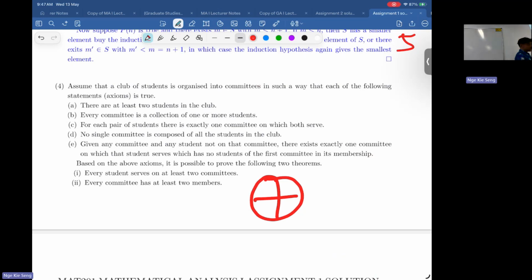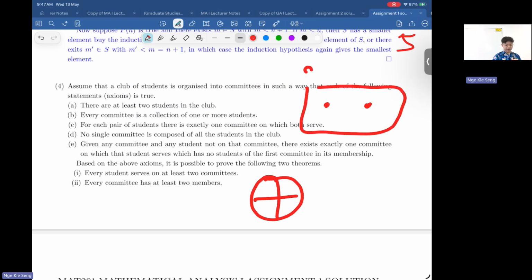There are at least 2 students in the club, meaning there are at least 2 points inside the club. Maybe the club is a square. Every committee is a collection of 1 or more students. You can think of a committee as a line, which contains 1 or more points.